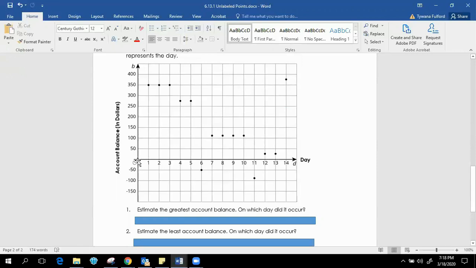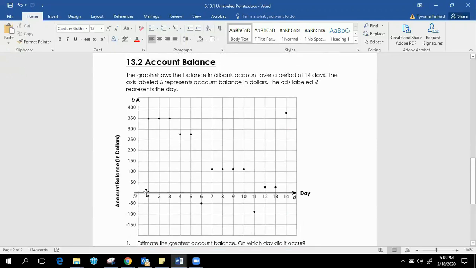And I know that, picking a point, at one day the balance in this bank account starts at $350. So at one day, that means that's basically when the account was opened, this person put $350 into their bank account. If I continue over, looking at day 2, it looks like it's still $350.